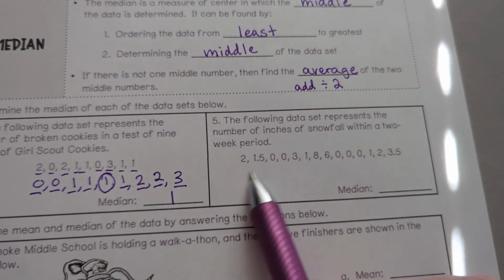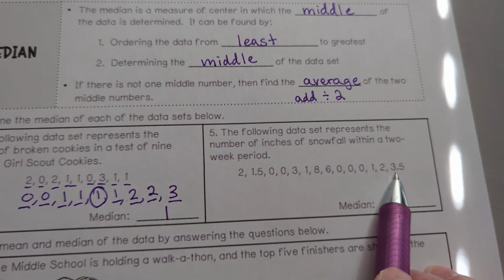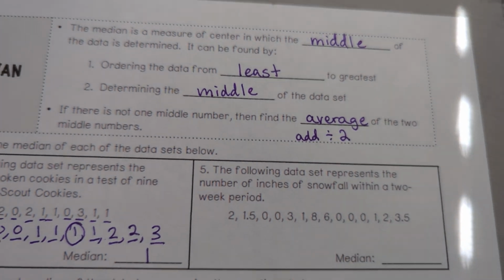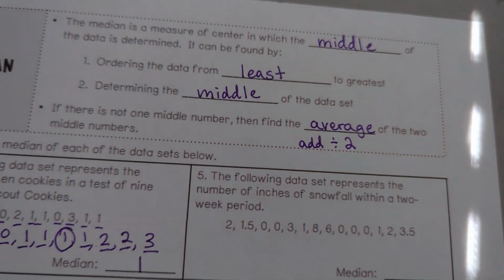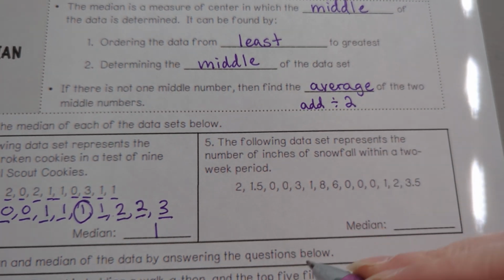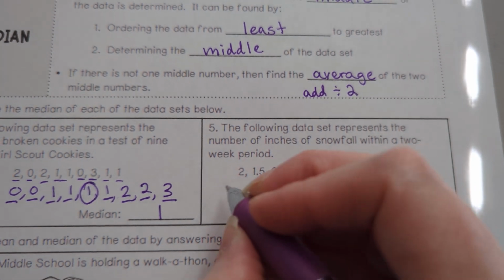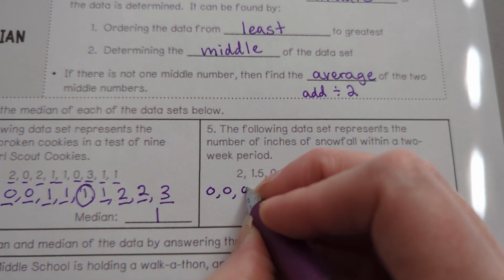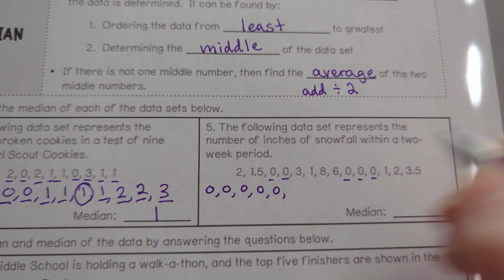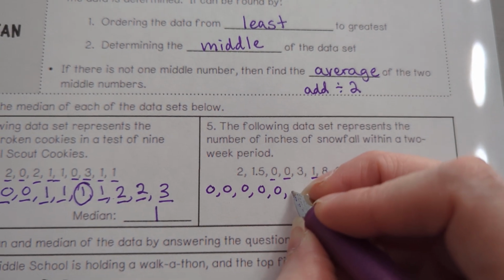So for example, on this one, I am going to put it in order first. So when I do that, I need to make sure that I account for all my data. So it looks like I have 1, 2, 3, 4, 5 zeros. It looks like I have 1, 2 ones.